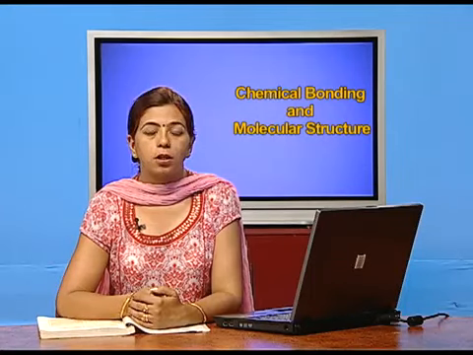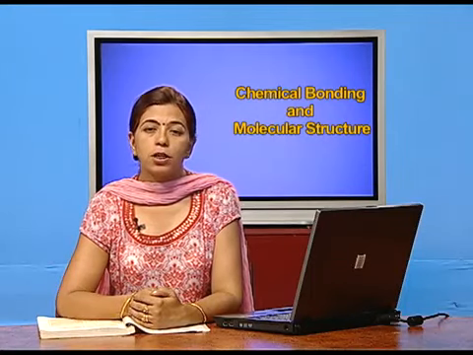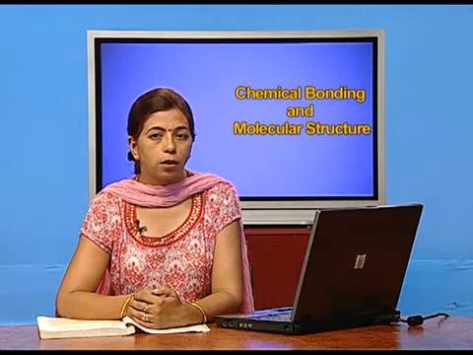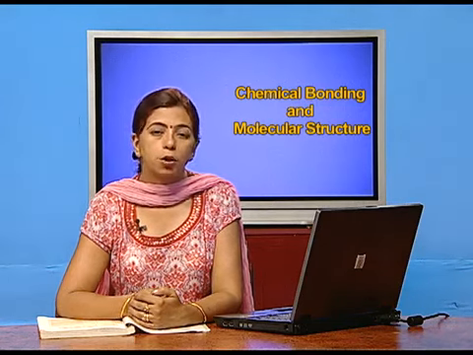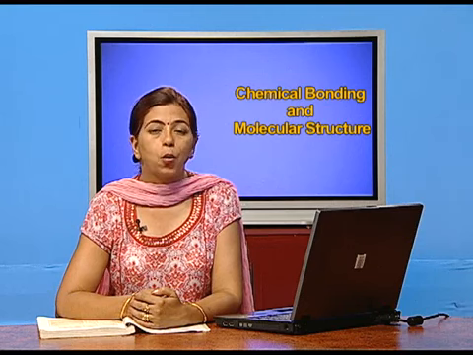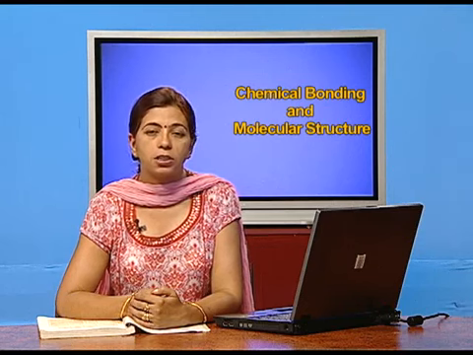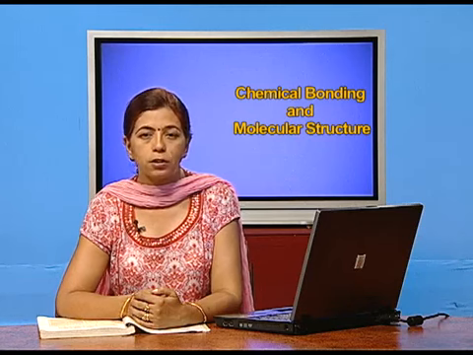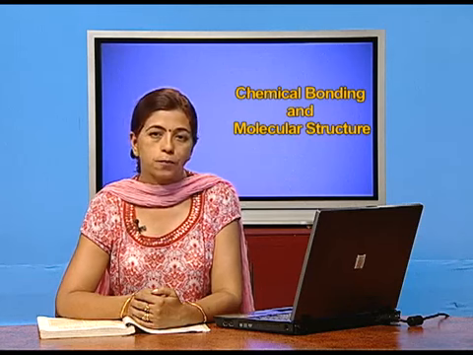Dear children, let me give you a quick recap of this topic. We studied why do these elements combine and how do they combine. We also studied the Lewis dot structure. Lewis gave a very convenient, very easy method to represent the valence electrons by making dots.